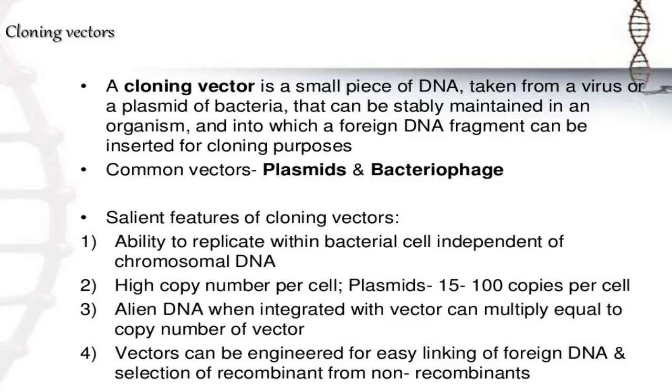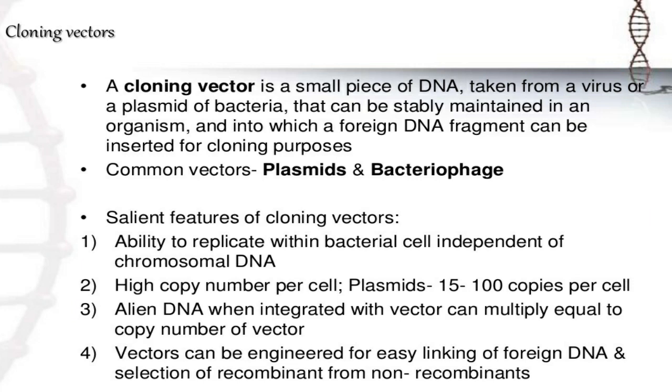Cloning vector. A cloning vector is a small piece of DNA taken from a virus or a plasmid of bacteria that can be stably maintained in an organism and into which a foreign DNA fragment can be inserted for cloning purposes. Common vectors are plasmids and bacteriophage. Salient features of cloning vectors: first, the ability to replicate within the bacterial cell independent of chromosomal DNA.